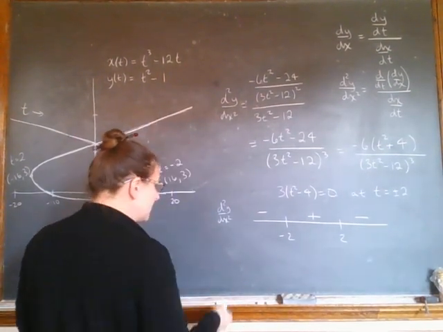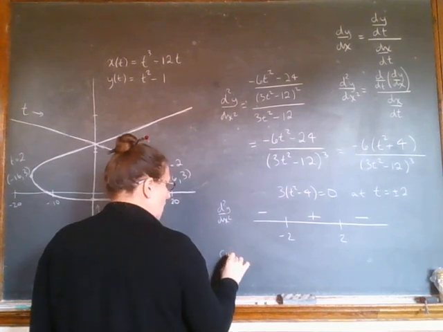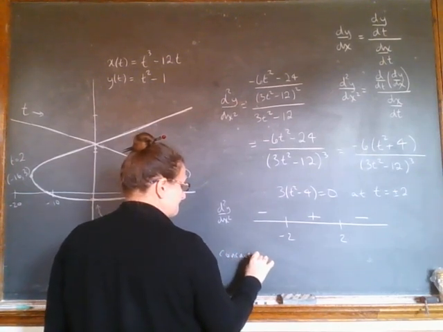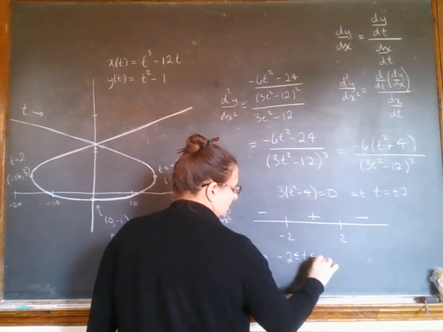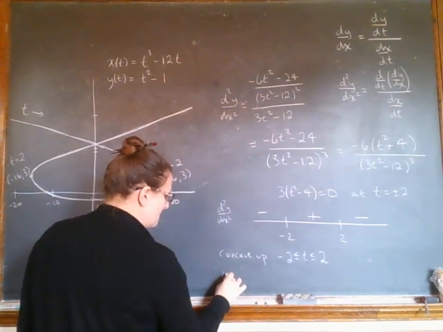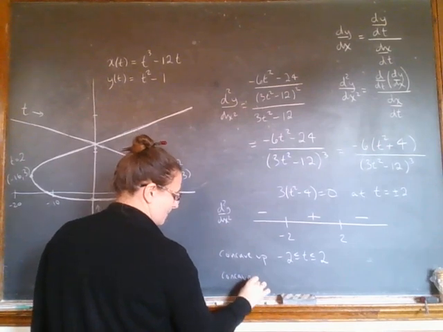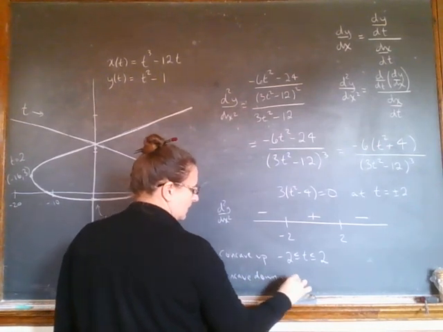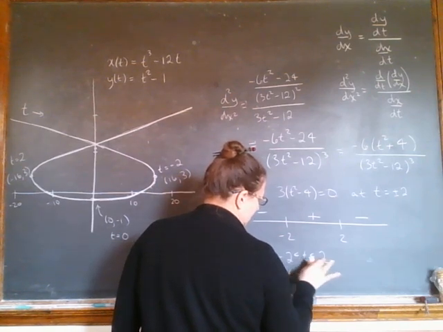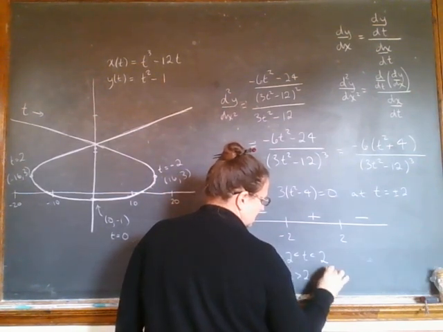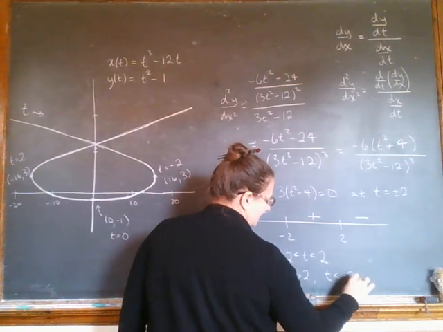So that's going to tell me that my function is concave up for t from negative 2 to 2, and concave down for t less than negative 2.